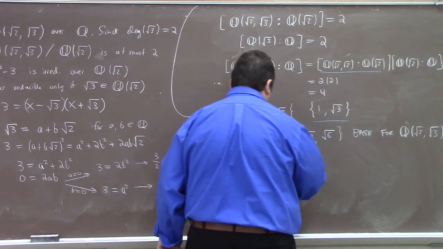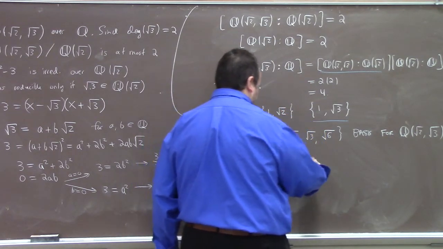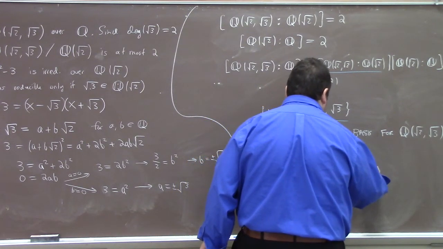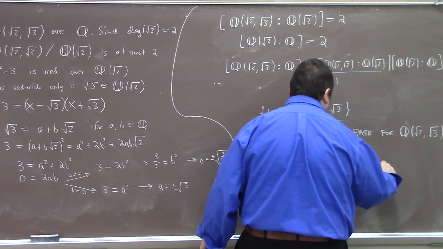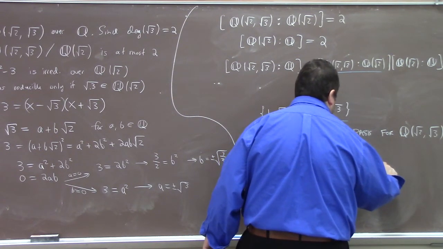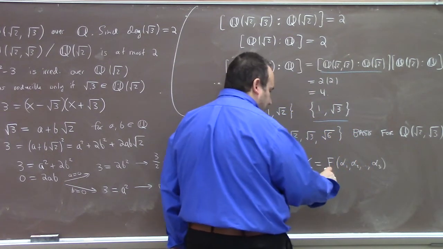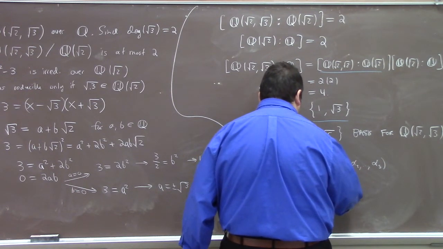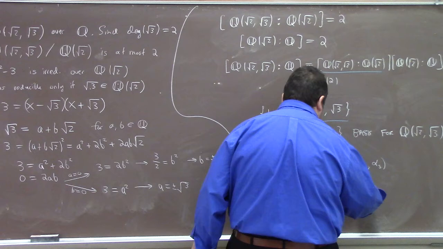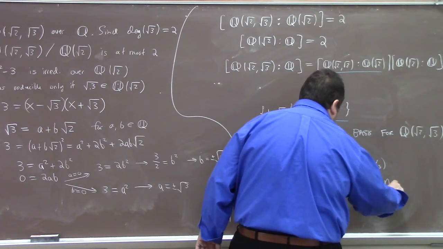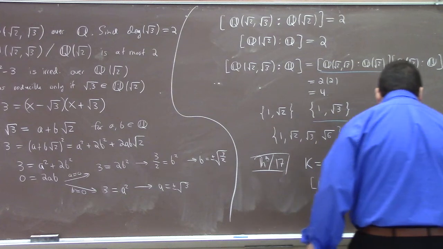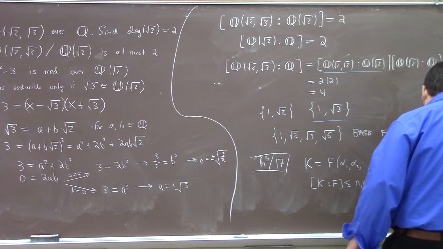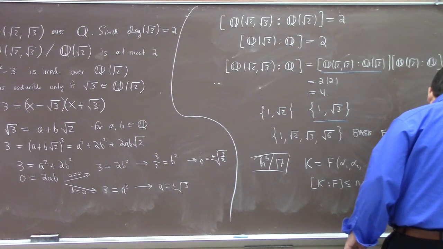But more than that, if K is equal to F of alpha 1, alpha 2, through alpha s, then the degree of K over F is less than or equal to n1, n2, through ns, where the degree of F of alpha i over F is equal to n sub i.